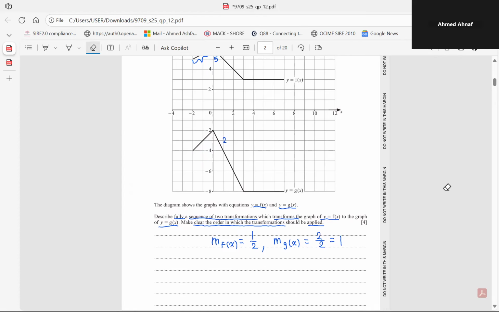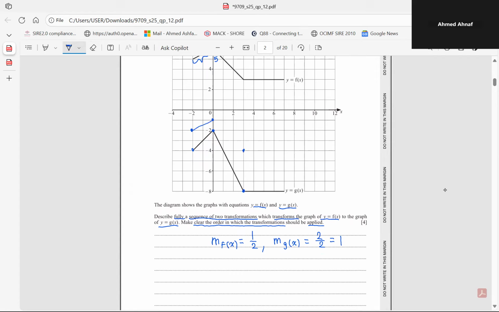Okay, let's erase all this. Okay, so since it's been stretched with a scale factor of 2, this highest point will be -2 divided by 2 here. And then this lowest point, -4, would be -2 right here. And then this lowest point here, -8, will be -4 right here.